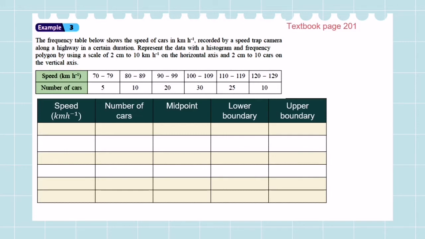So before we draw the histogram and frequency polygon, we need to complete the frequency table. So just write down the number, reviewing all the class intervals. The number of cars is also already in the table, so just copy down.